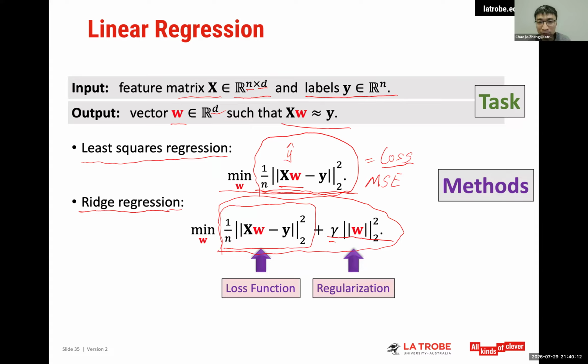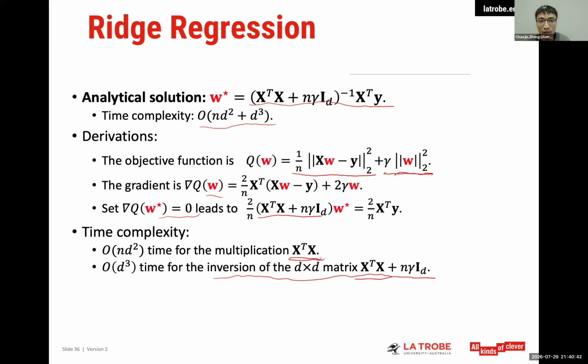For analytical solutions, we can get the solution directly through the derivation of the equations, because it is in quadratic form and it is a well-posed problem, so it is guaranteed to have a unique solution.